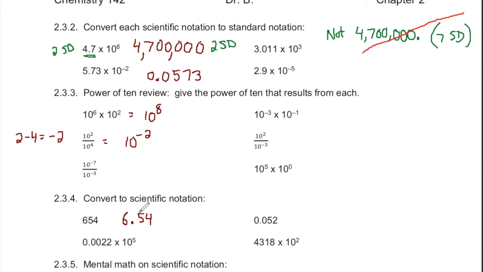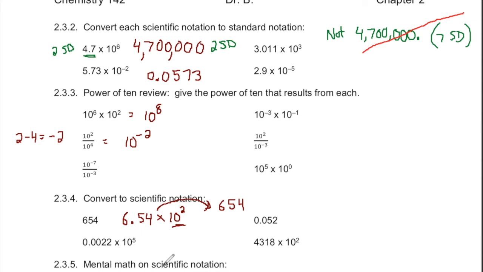To do that, we had to make this number smaller, and so to counteract that, we need a positive exponent. If you get confused whether the exponent should be positive or negative, then you can try going the opposite way. How would we convert this to a standard number? And it would be 654.